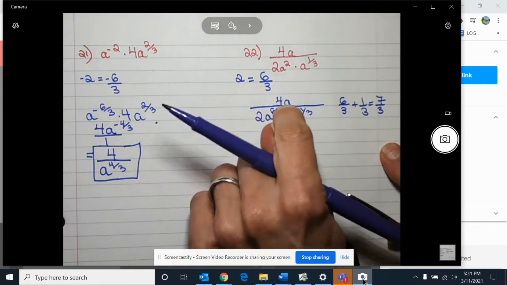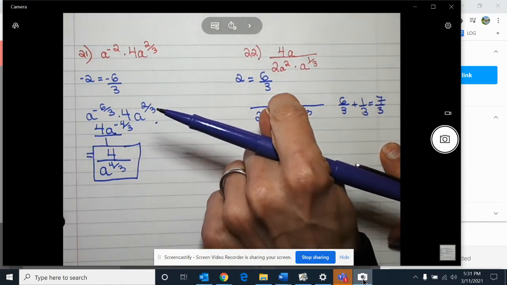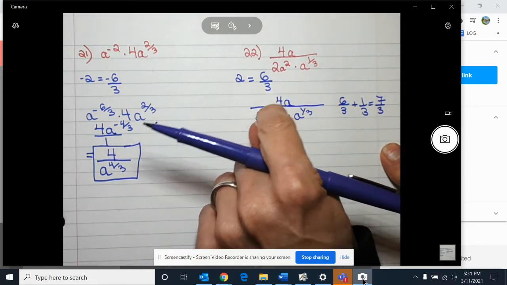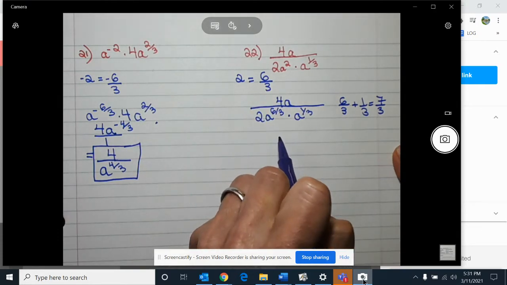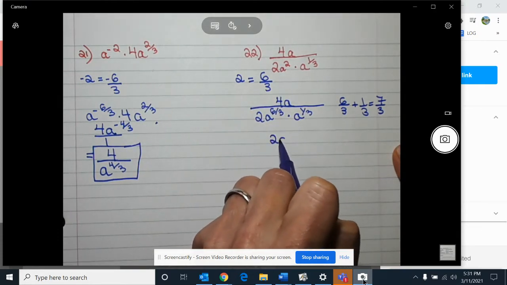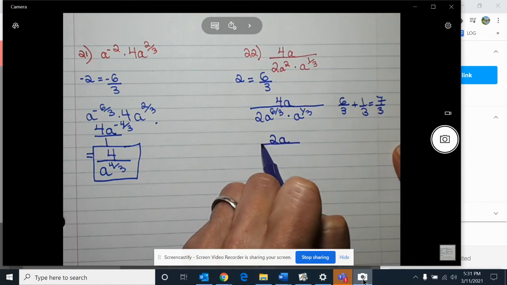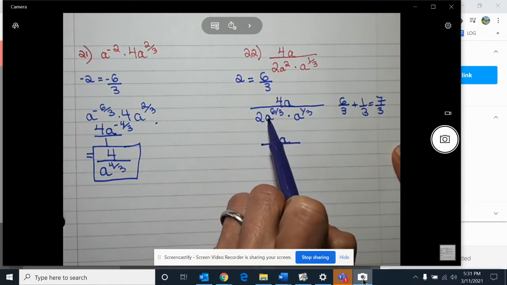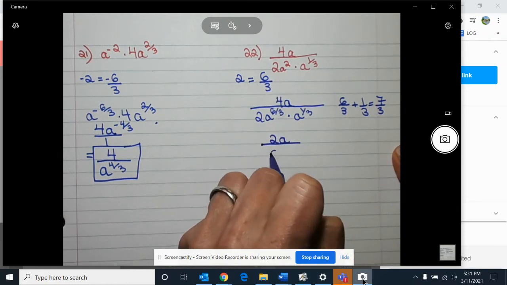And notice that 4 and 2 can also simplify. So we have 2a in the numerator divided by a to the 7/3 power.